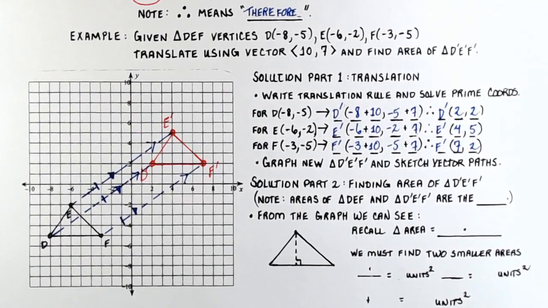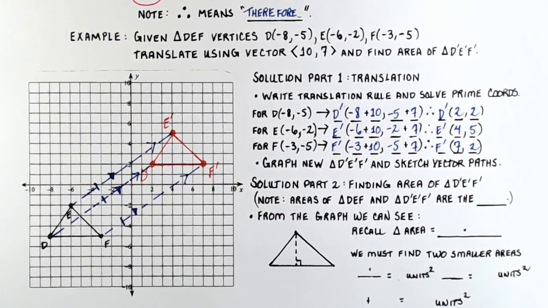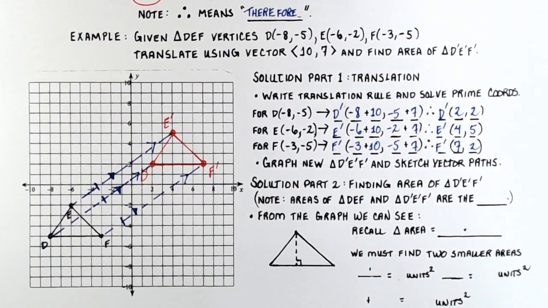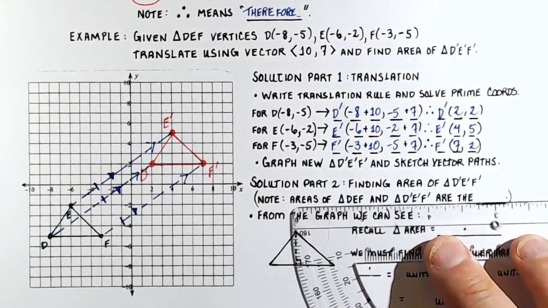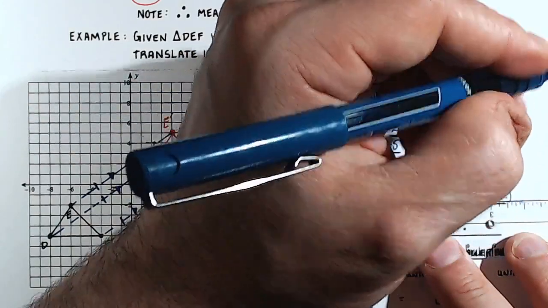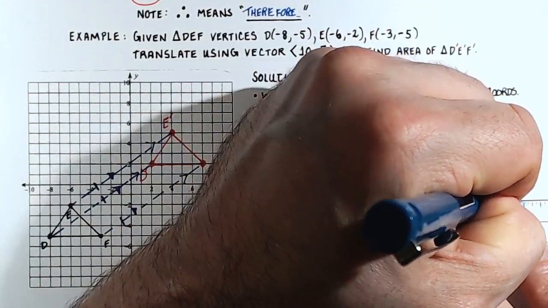All right, those would be congruent. So it doesn't matter whether we're finding the area of DEF or area of D prime, E prime, F prime. I'm going to write in here, the areas of triangle DEF and triangle D prime, E prime, F prime are the same.